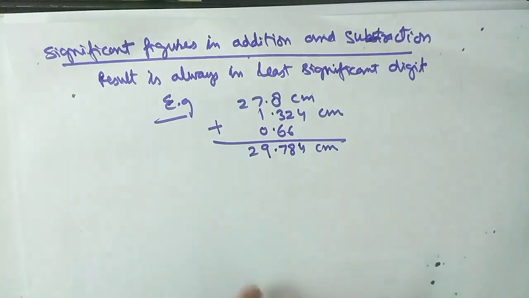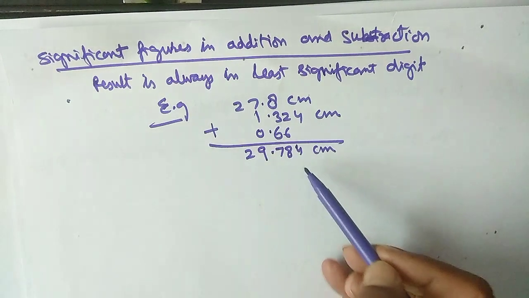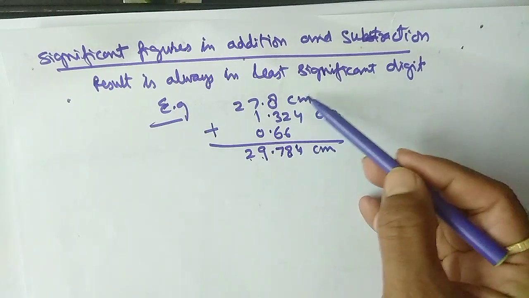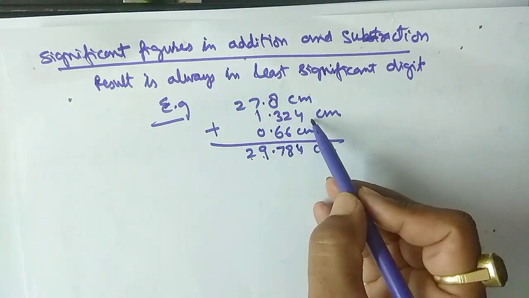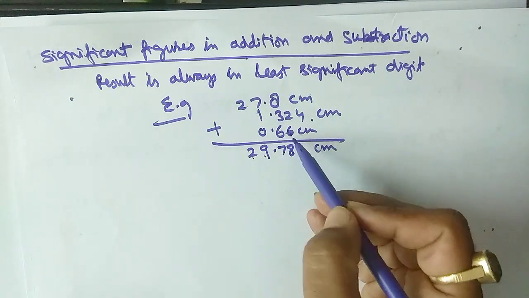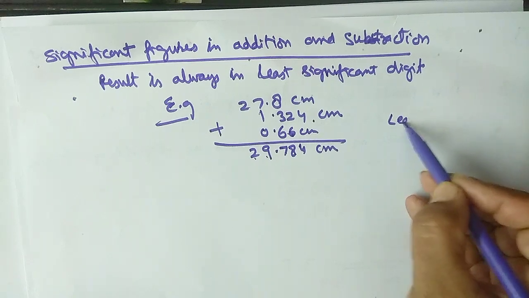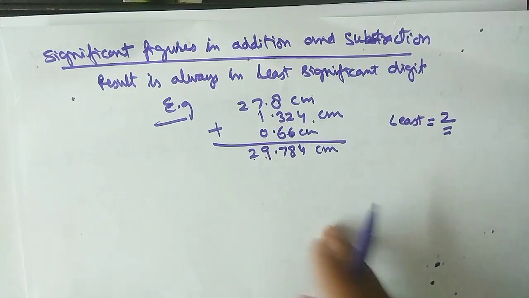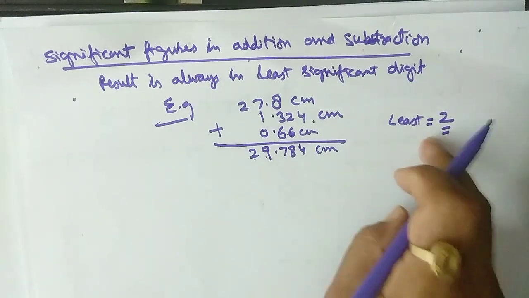Okay, but how many significant figures here? It is 1, 2, 3, 4, 5, and here the significant figures are 4, and here the significant figure is 3. So what is the least significant here? Least is 2 significant figure, you can see here, is it?